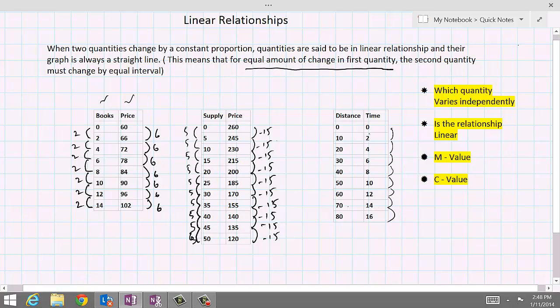So for every 2-minute increase in time, the distance is changing by 10 kilometers. So that's 2, 2, 2, 2 and 2. There is an increase of 10, 10, 10.